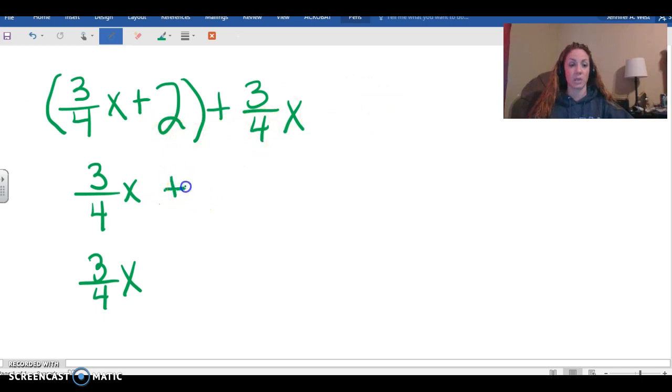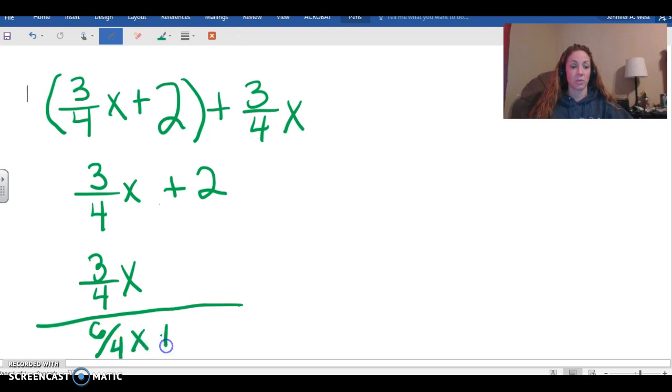So add that all together, we wind up with 6/4 x + 2. Now, from all that time we spent working on fractions, we can tell that we need to simplify this 6/4. And 2 goes into both 6 and 4.